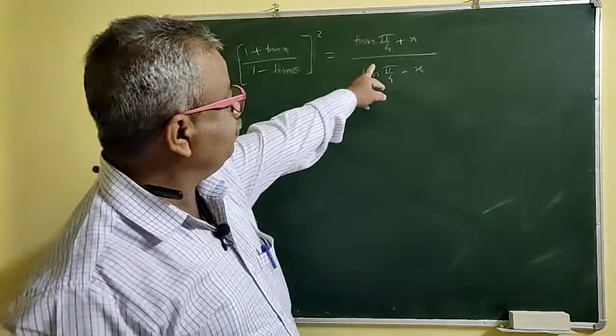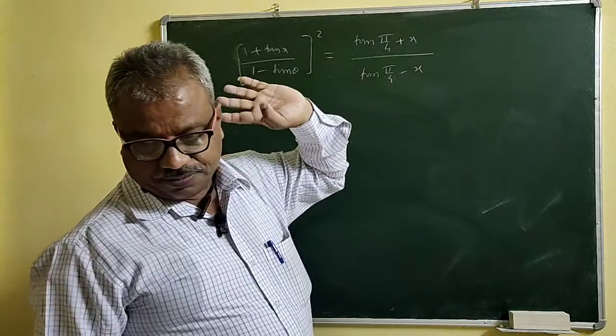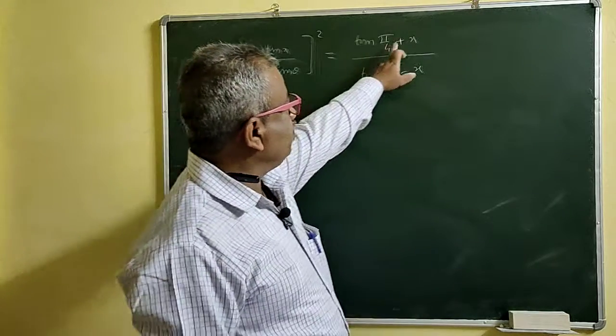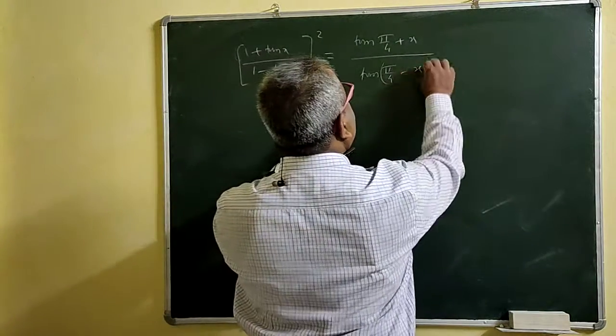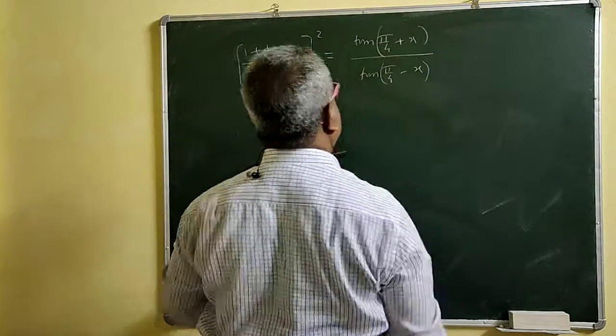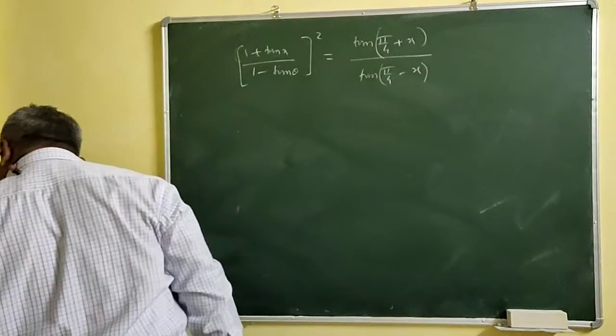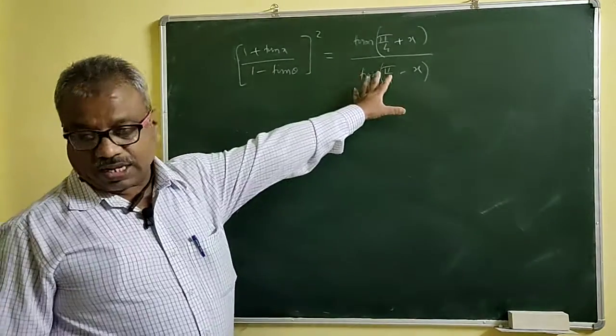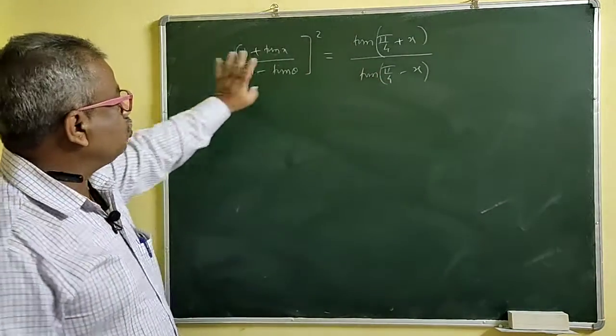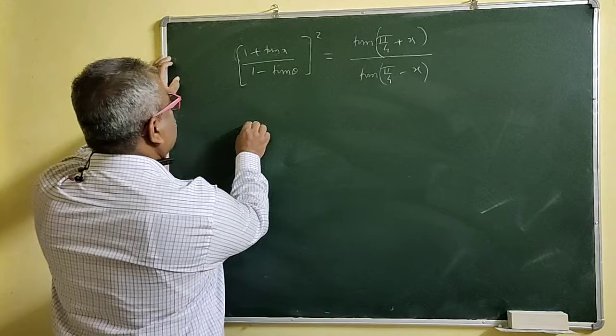It is better to take the RHS now, because for the RHS we can simplify tan(pi/4 + x) in brackets. So it is better to take the RHS instead of doing this. So what do we do?